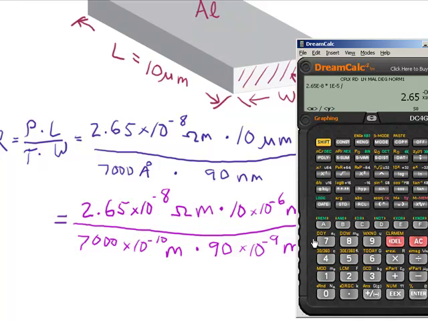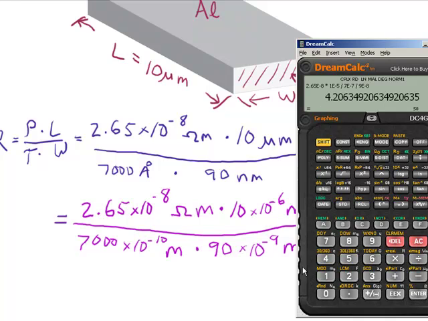Then I'm dividing by 7,000 EE minus 10, and I'm also dividing by 90 e to the minus 9.